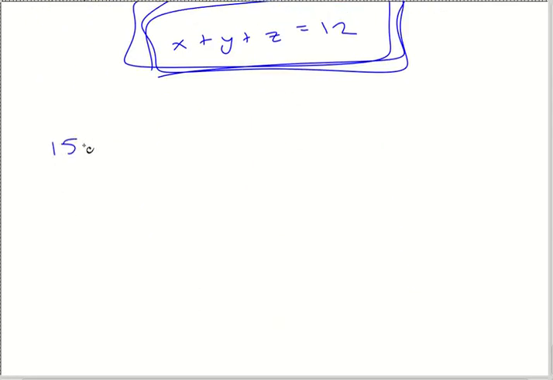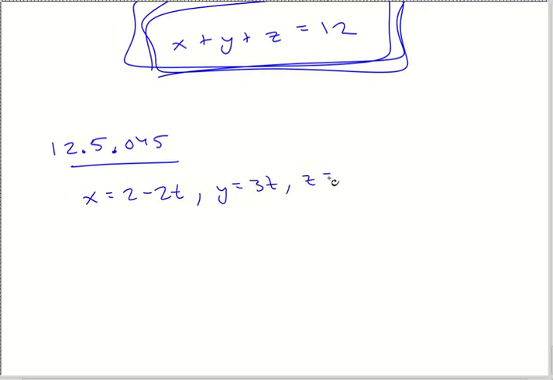So this is 12.5.045. They give me a line equation, x, y, z, and so that's actually one big line right here, okay? They also give me a plane equation.